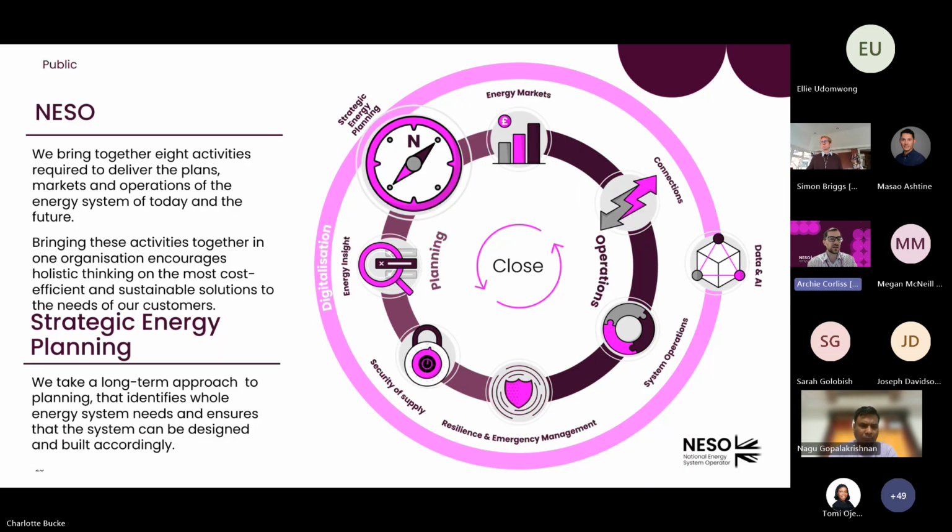So just to highlight very briefly, these are NESO's main activities on this slide. I'm going to focus on the one that's largest in the top left, strategic energy planning, here today.